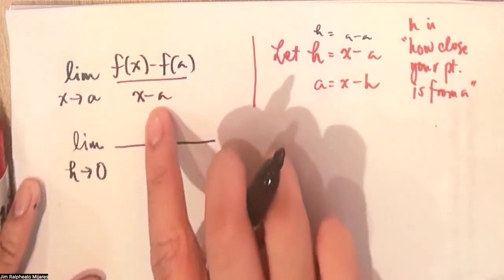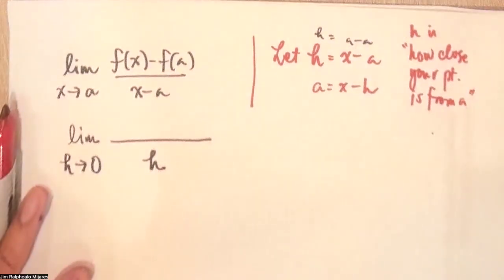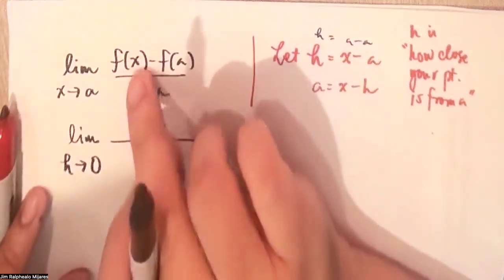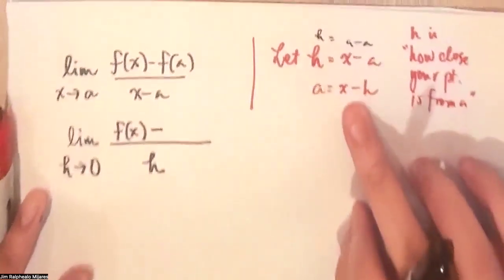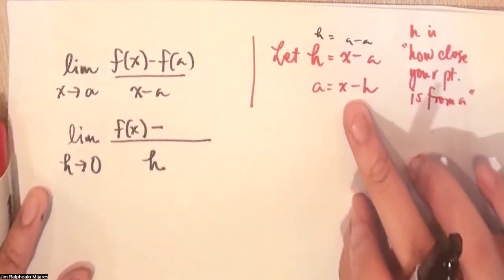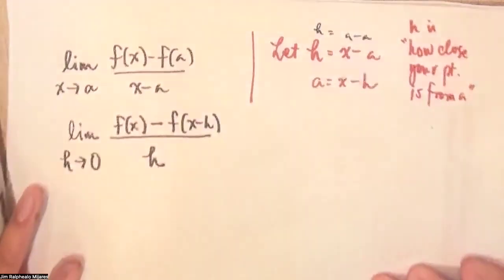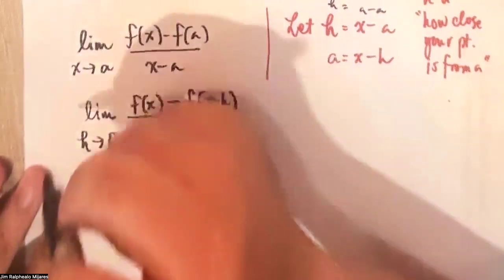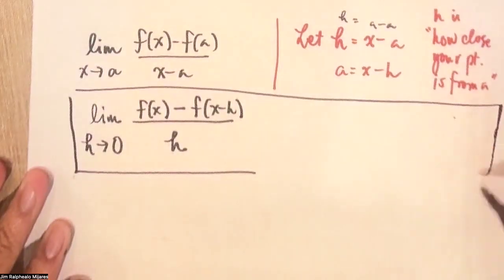The denominator becomes h, and the numerator is f of x minus f of a, which is f of x minus h. These two are equivalent, but this, I stand corrected.